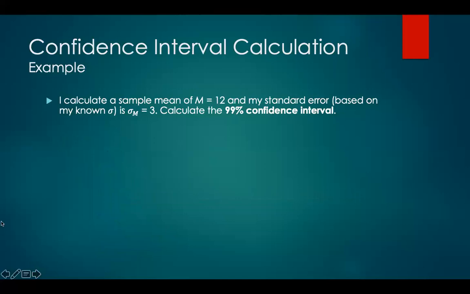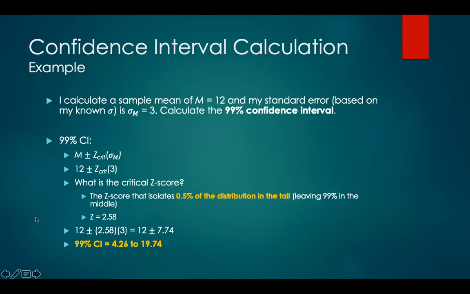Now let's say I calculate a sample mean of 12 and my standard error based on my known standard deviation from the population is 3. And now I want to calculate a 99% confidence interval. So everything else is the same, except this time I need to find a z-score that isolates 0.5% of the distribution in the tail, leaving 99% in the middle.